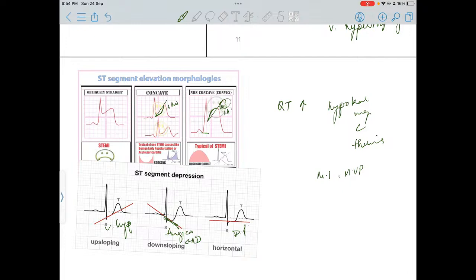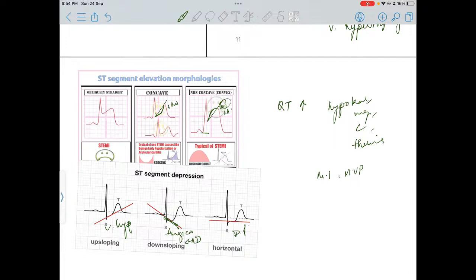These are the conditions. It decreases in hyperkalemia, hypermagnesemia, and vagal stimulation. Now there's the ST segment, the QT interval, as well as QRS.